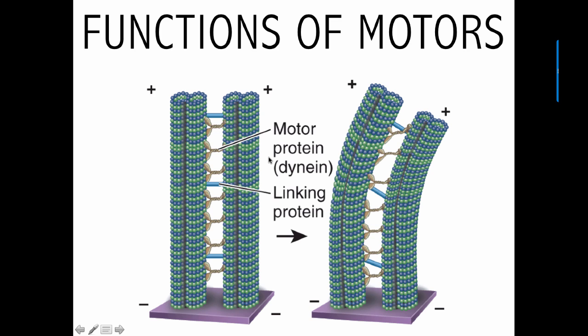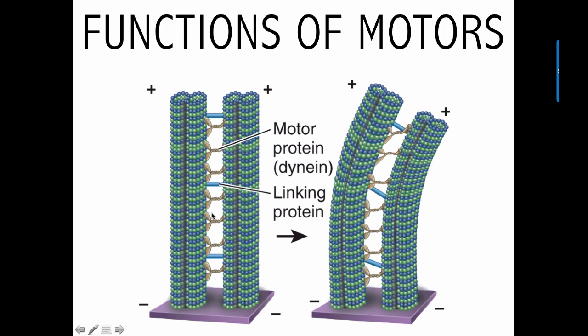You can also use these motor proteins to cause cytoskeletal structures to flex. So here we've got some bundles of microtubules. There are two microtubules here, and this is the positive end, two over here. And if we anchor the microtubules at the negative ends, the minus ends down here at the bottom, now they can't slide like actin and myosin.